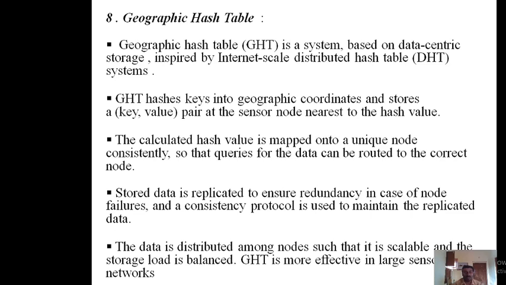Then what is meant by geographic hash table? It contains some keys, and the concept of geographic coordinates is there. That means when you are drawing, we have some xy coordinates. In the same manner, the geographic hash table also maintains some geographic coordinates and stores them in the form of key comma value pair.